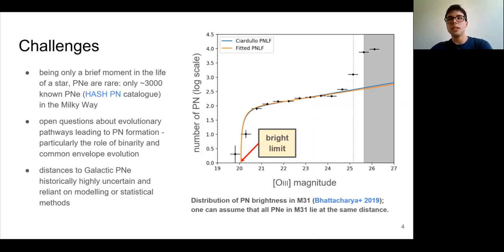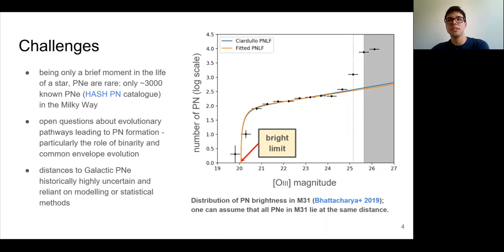And studying these questions has been hampered by the fact that distances to PN in our own galaxy have historically been highly uncertain and reliant on either modeling or statistical methods.